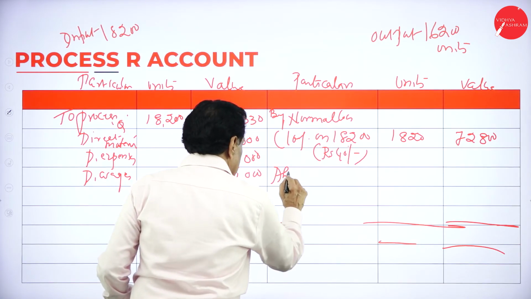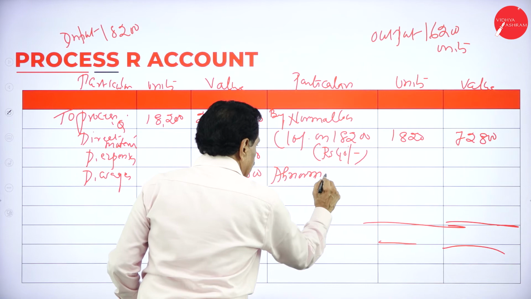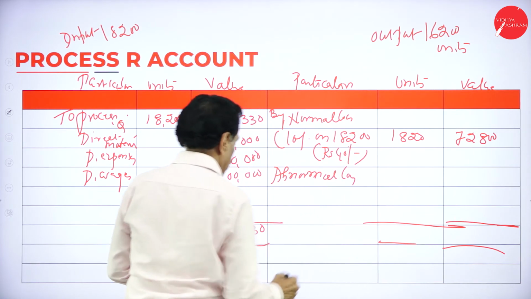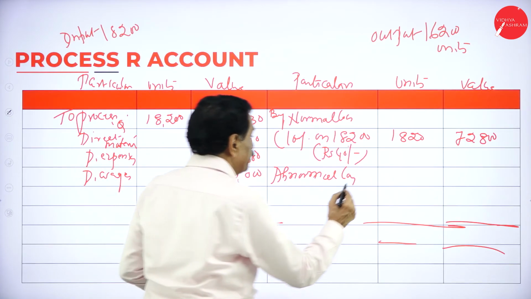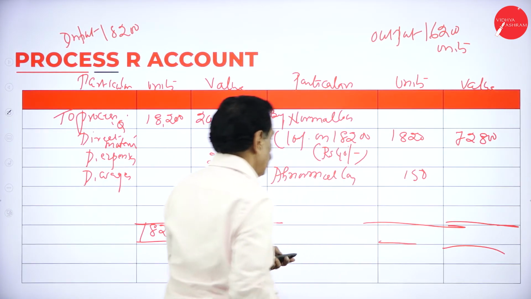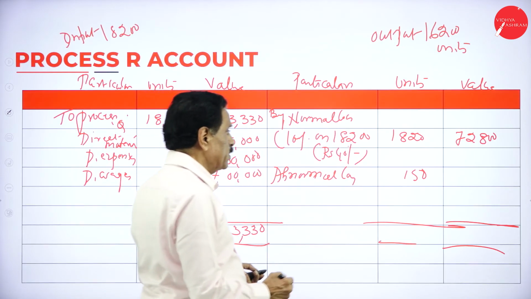Abnormal loss, how many units? Value realized, 17,088.